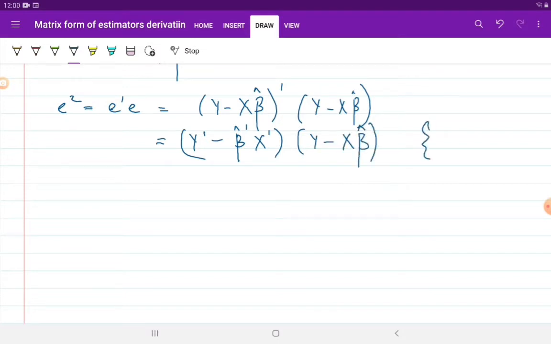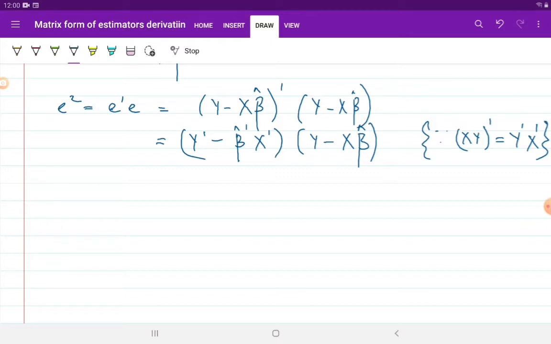The reason I have done that is that the matrix laws, especially the transpose of matrices, tell us that the transpose of the product xy will be y transpose into x transpose, right? So that is the rule that I have used over here.